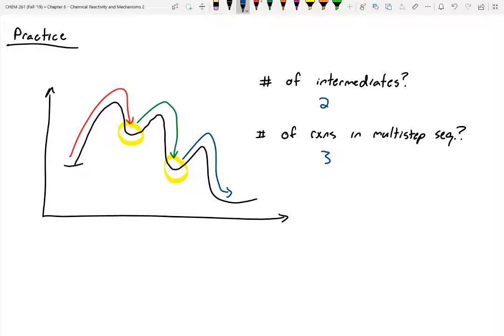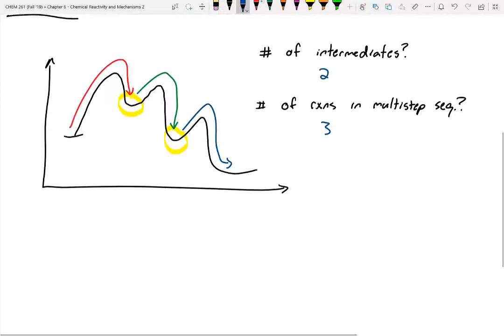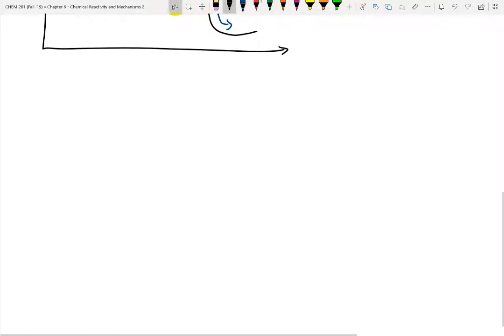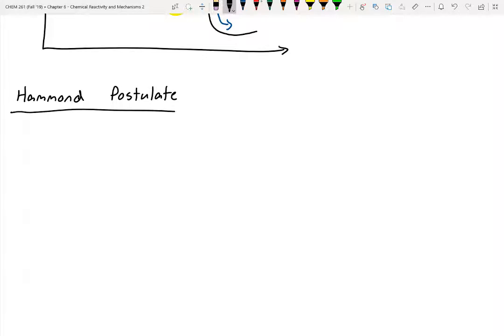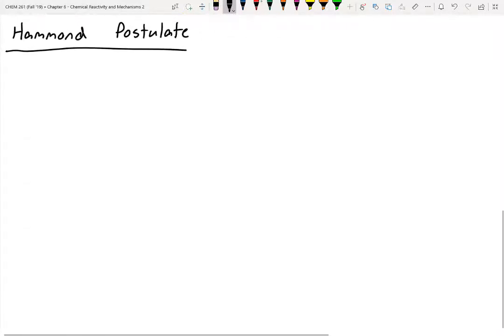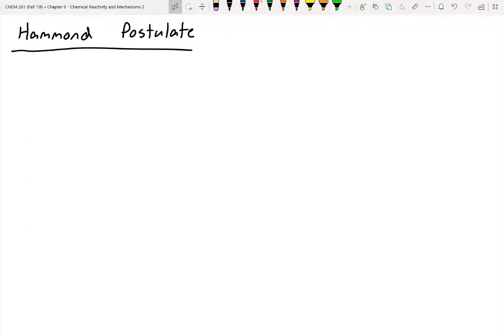All right, let's do one last thing before we head out today. Do the Hammond postulate. All right, the Hammond postulate is a little bit weird when you first write it out, but I'll show you what it means.